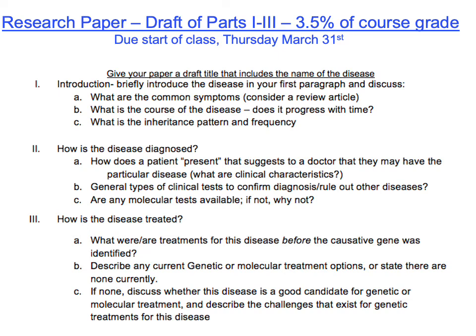Just to remind you that you're going to be introducing the disease in this first section, common symptoms, the course of the disease, if it progresses with time, does it get worse as people live with the disease longer? What's the inheritance pattern and what's the frequency in the population? You'll then move on to talking about diagnosis of the disease, and then treatment. In the latter sections 4 and 5, you'll talk more about genes associated with the disease.